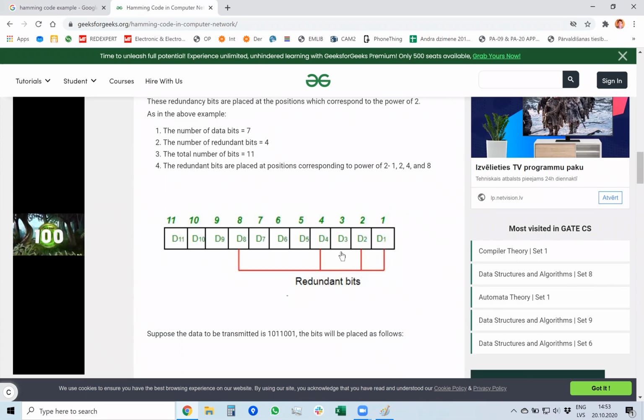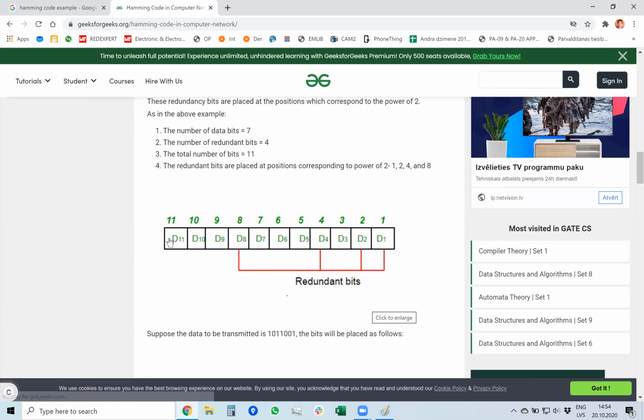So here are 4 redundant bits and 7 data bits. Data bits are in position 3, 5, 6, 7, 9, 10, and 11. So 1, 2, 3, 4, 5, 6, 7.